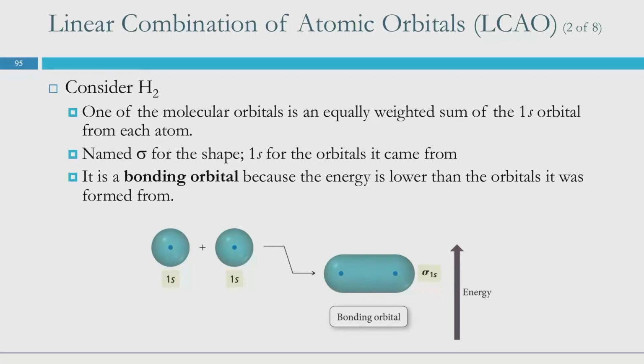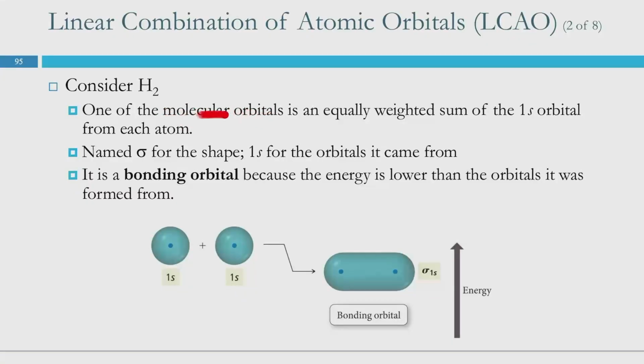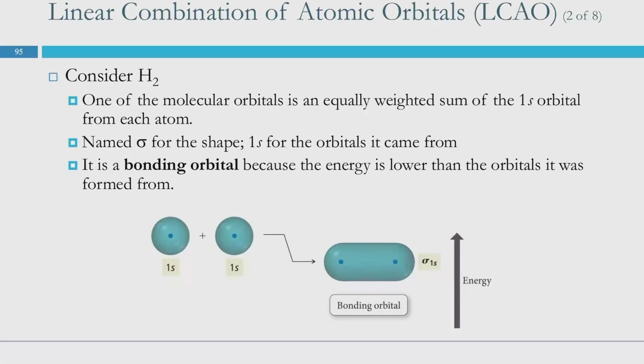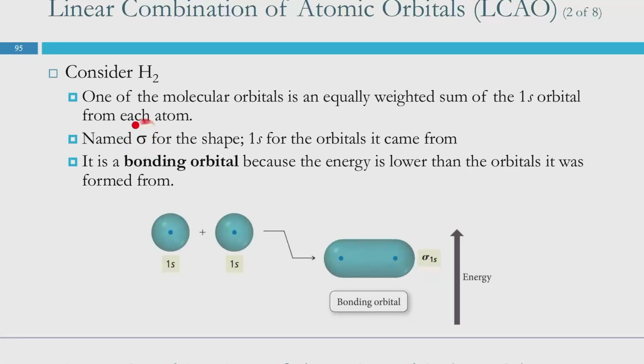One of the molecular orbitals is a sum of the 1s orbitals. And that's our bonding orbital. We call this sigma because of the shape. So we take our 1s and our 1s and we add them together.